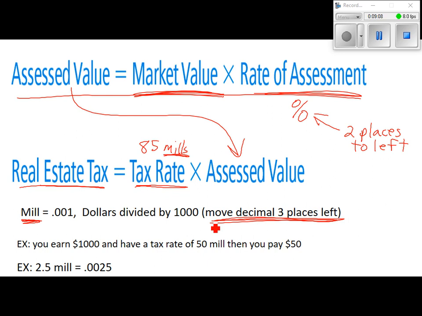If Preble County is 50 mills, we take that 50, with the decimal at the end, bump it 3 places to the left, and we get 0.050.